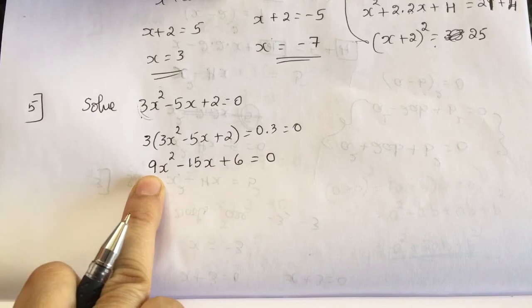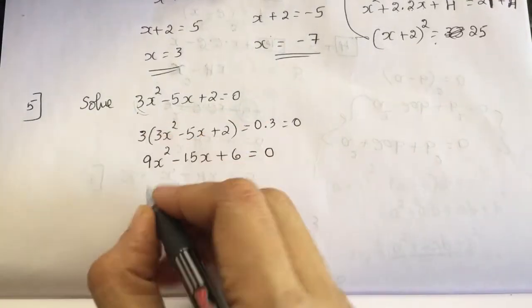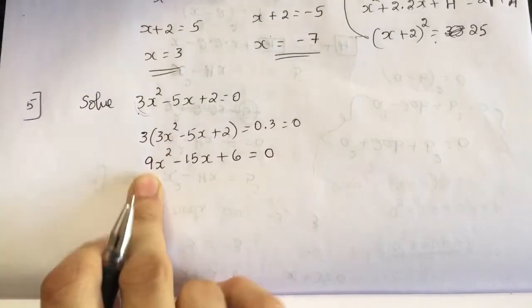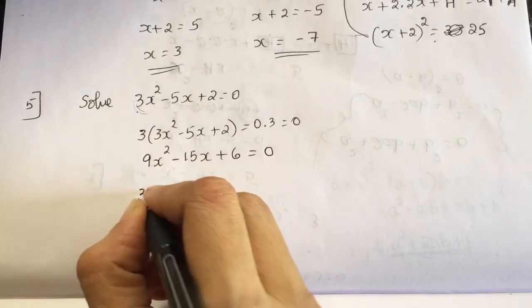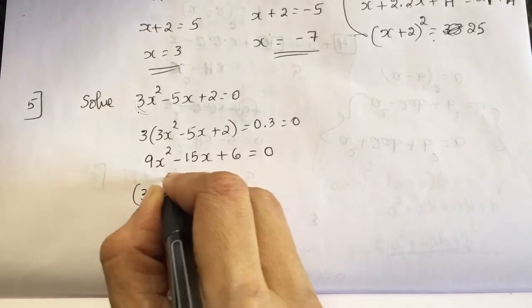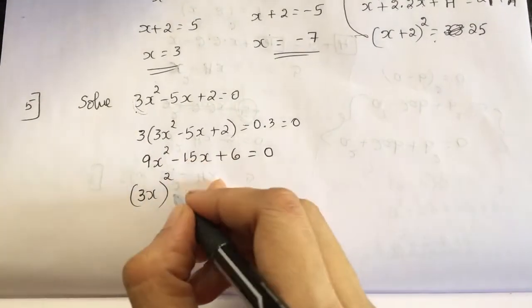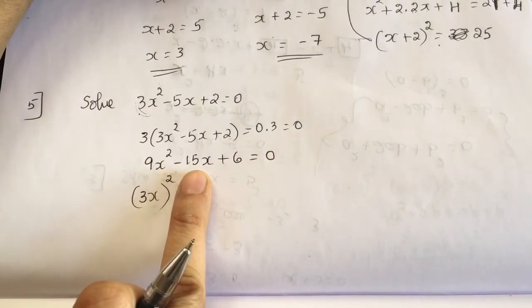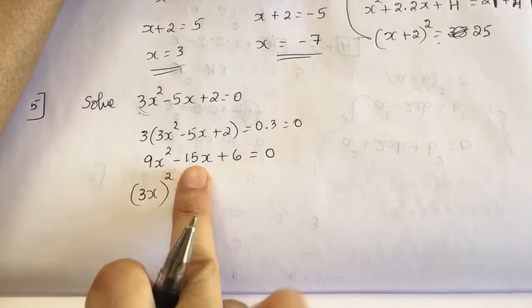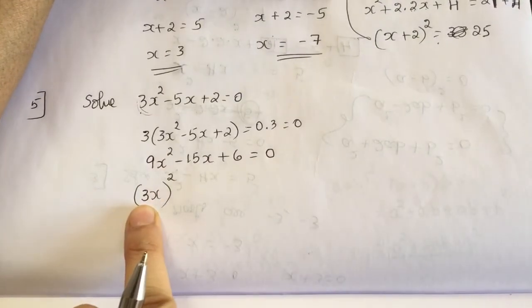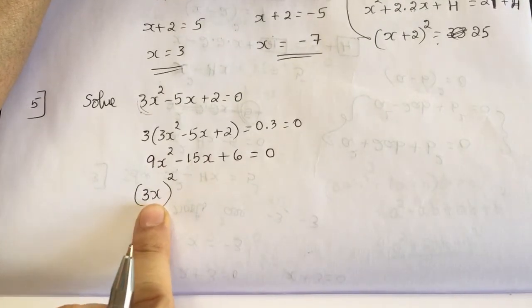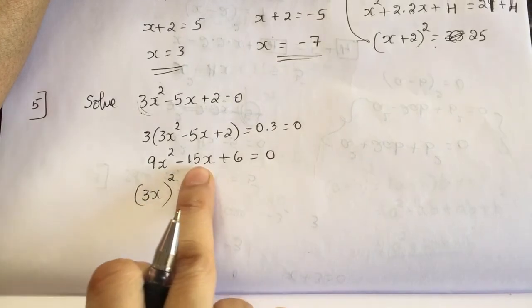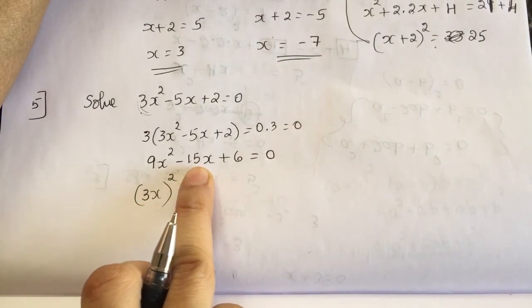Now, no problem with my a. It's a square. A is 3x now, right? Minus 2ab. Can I write it like this? It's a is 3. 2 into 3 is 6, but 6 into something won't give me 15, right?